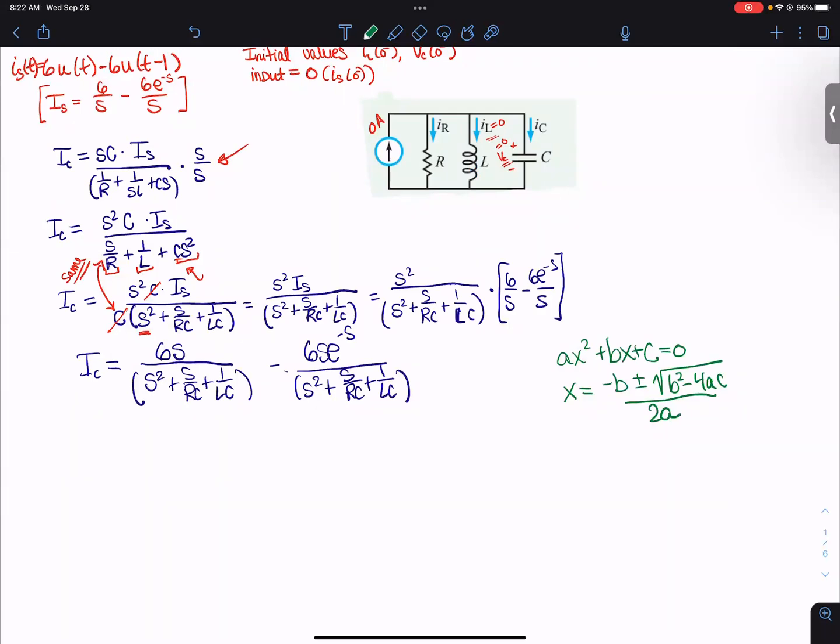And so that gives us minus b will be a minus 1 over RC plus or minus the square root 1 over RC squared minus 4 times 1 times LC and then over 2.